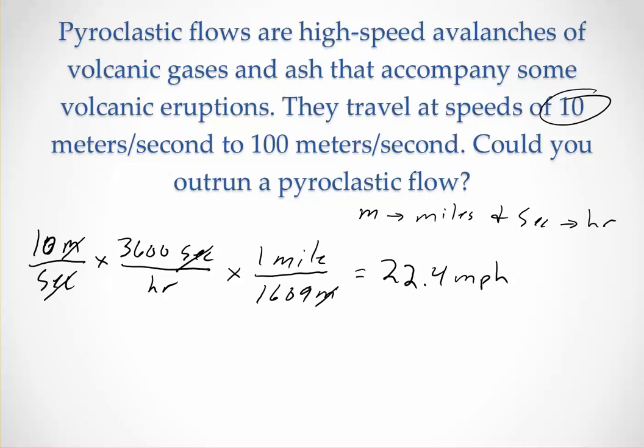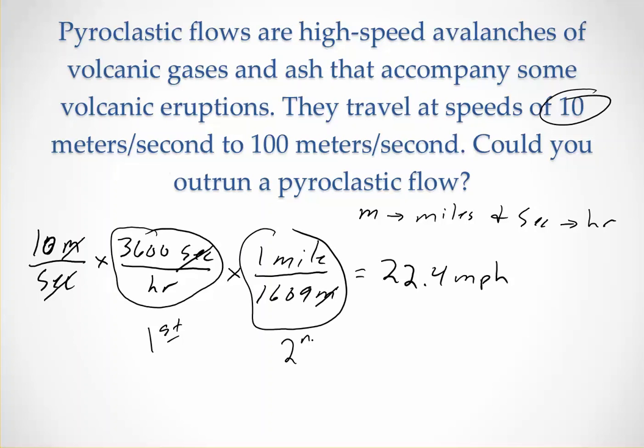Maybe if you're on a bike or a car, you might be able to do that. Now you'll notice that when I did this problem, I did the time first and then the distance second. Doesn't really matter what you do first. Multiplication does not matter what is multiplied first. You could have swapped these two and still got a correct answer.